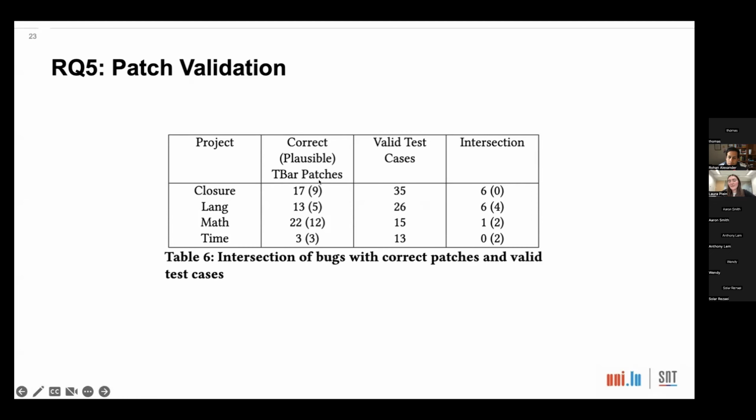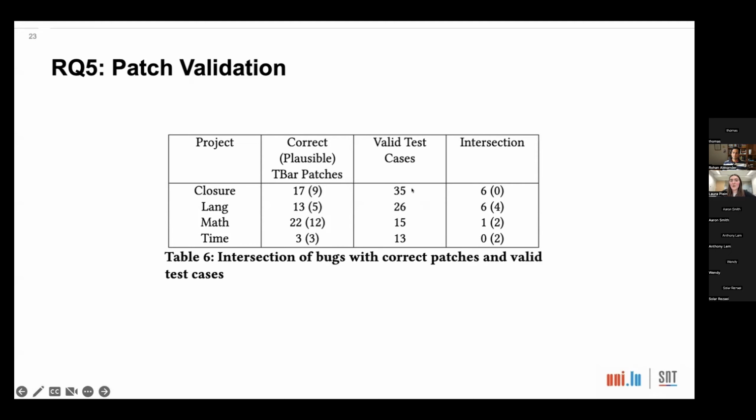But of course, even though those tools are really improving, they are still not capable of generating patches for all the bugs. For example, for the Closure project, even though there are over 100 bugs in the project, current state-of-the-art tools were only able to generate 17 correct patches and 9 plausible ones.